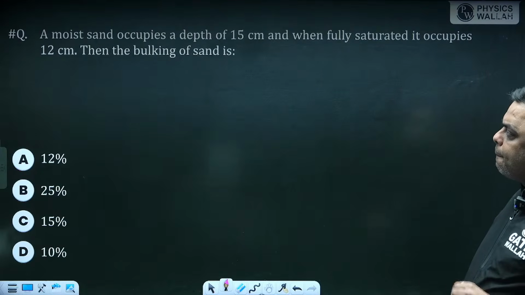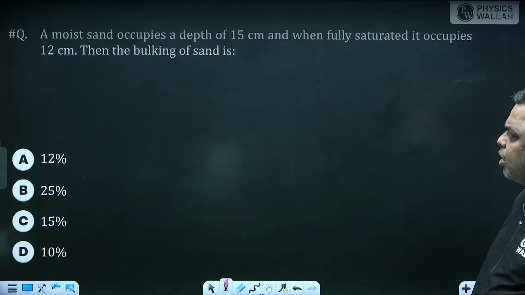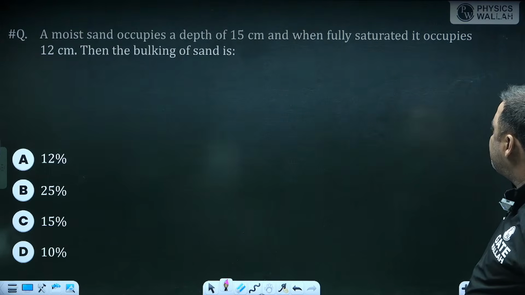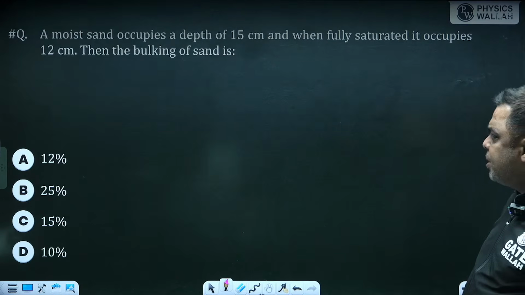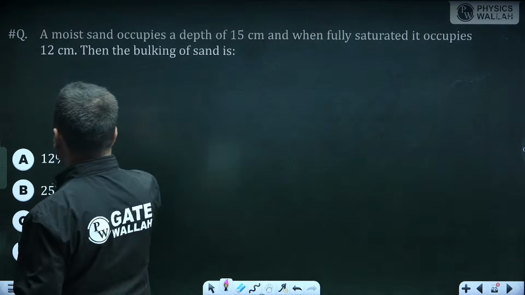Next, a moist sand occupies a depth of 15 centimeter, and when fully saturated, it occupies 12 centimeter. Then the bulking of the sand is, question number 20.